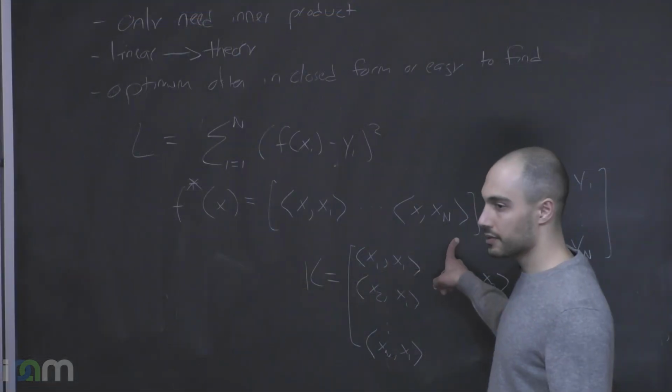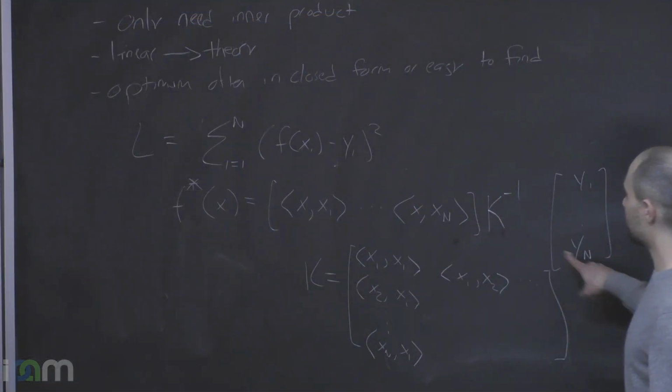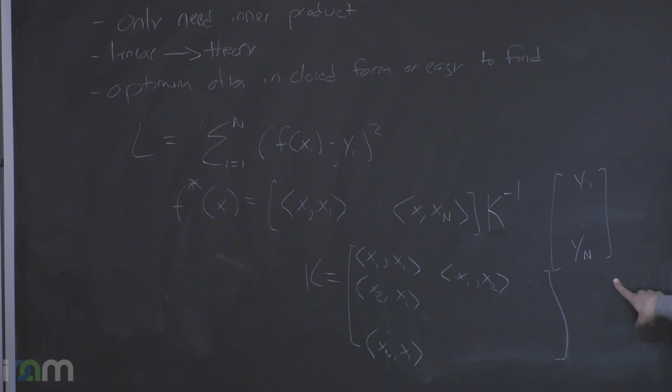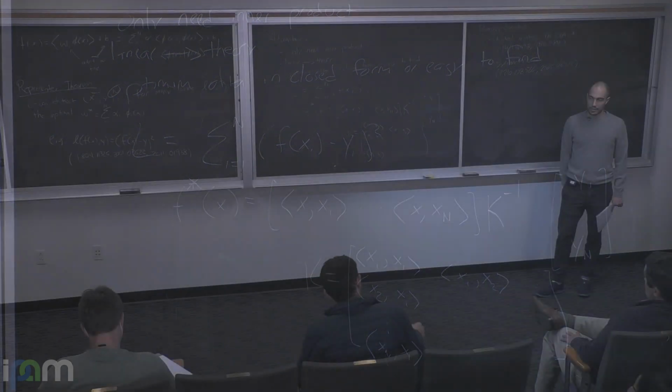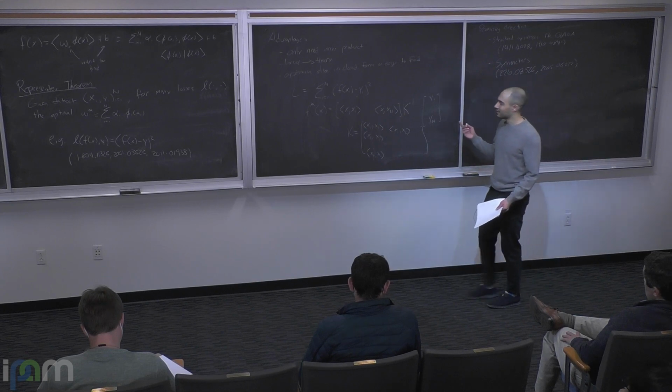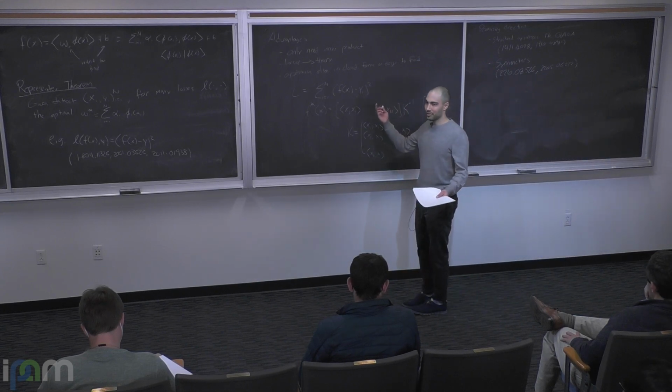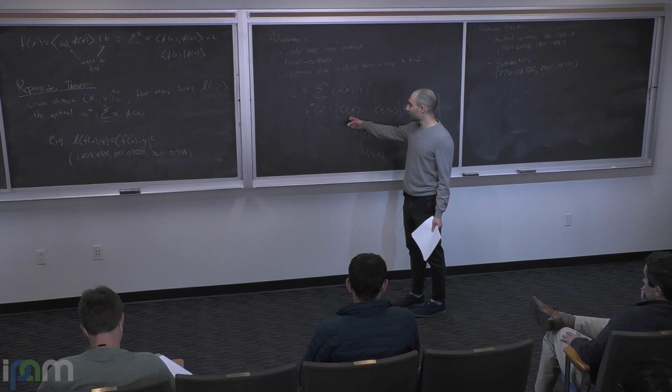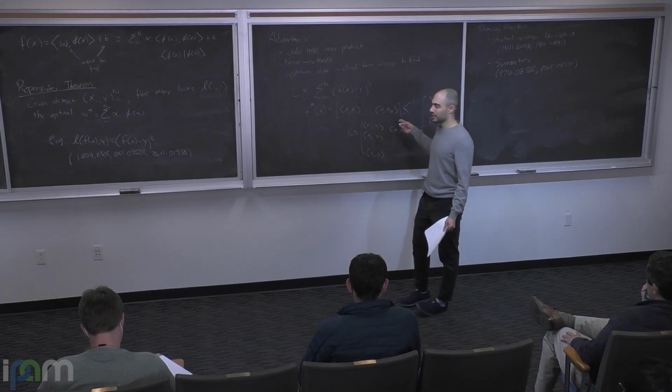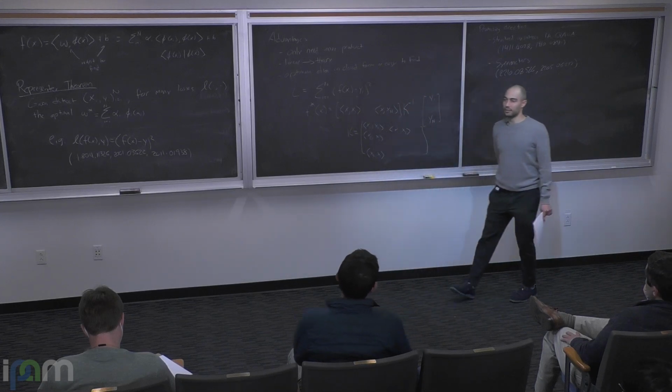It's n calculations. But this matrix is the same. You calculate this once, and you're good to go. That's the nature of kernel methods. It's saying, I don't want one fixed function, but I want a function that I can calculate by comparing to my data set. And this is the comparison to the data set.